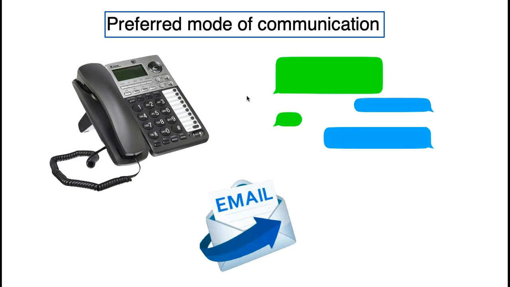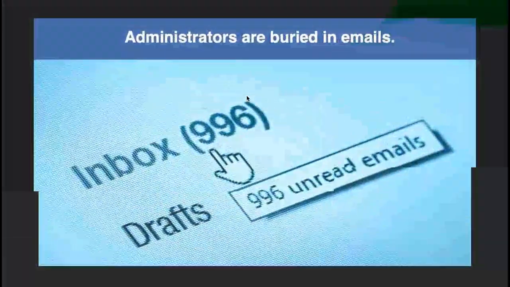And the problem with email is that administrators are buried in emails. So unless they're really good at filtering, which most people are not that great at, it's easy for some messages to get lost. So I want to suggest an alternative approach, which, based on what I just saw from Christine, seems like you're doing it. And we'll elaborate on that.